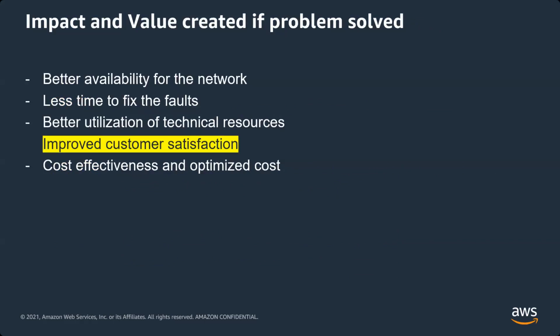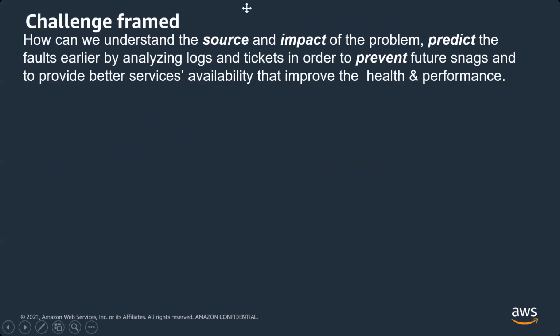Let me also show you a phrase, how we frame the challenge. This is important because from ideation, the result, I should come up with a challenge statement. Look at this challenge statement: how can we understand, and look at the italics, the source and impact. What does italic mean? It means this is a functionality.